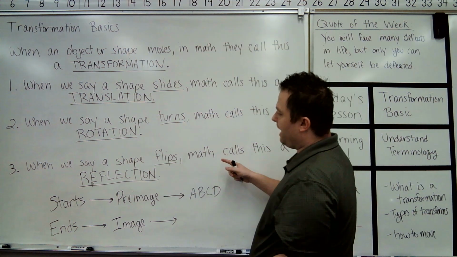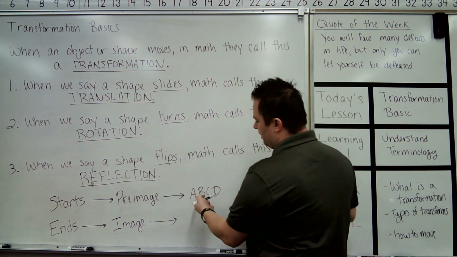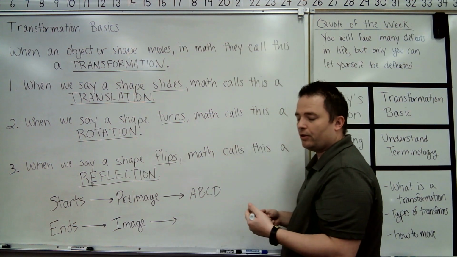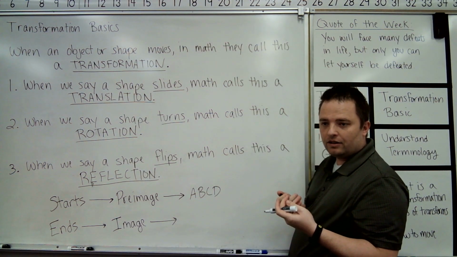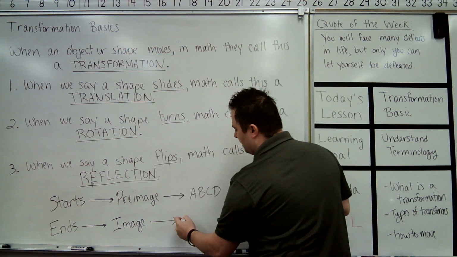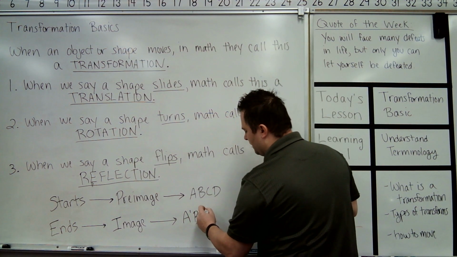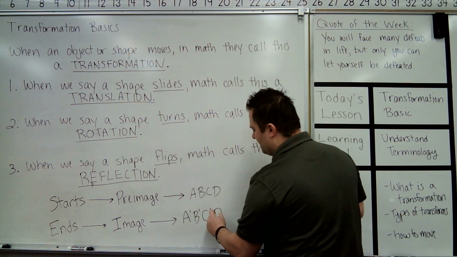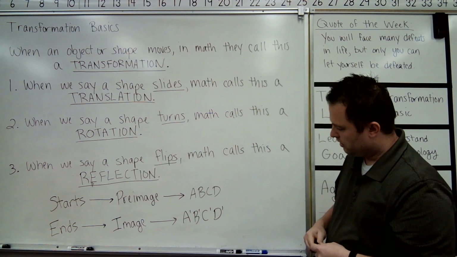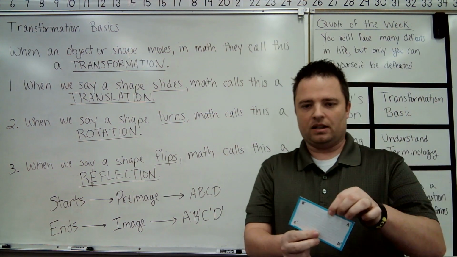When the movement happened, whether it's a translation, rotation, or reflection, the labeling changes to let the reader know that it is a shape that has been moved. So the A, B, C, D becomes A with an apostrophe, B with an apostrophe, C with an apostrophe, and D with an apostrophe. Okay? And its labeling will look something like this.